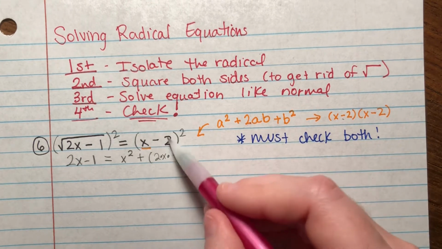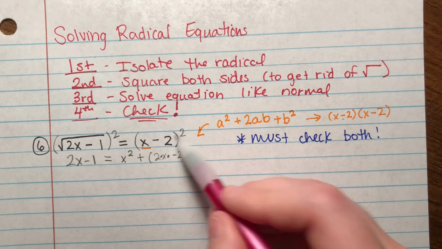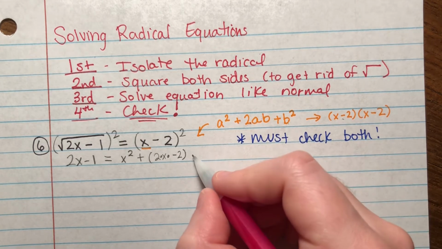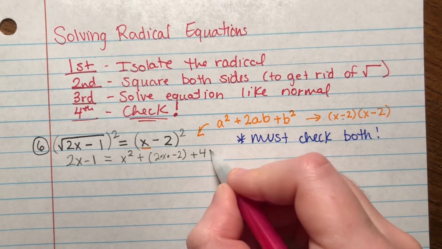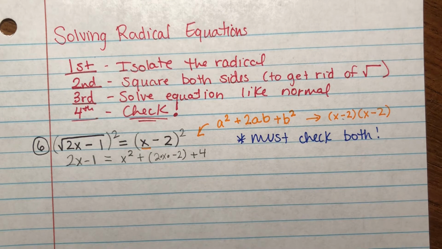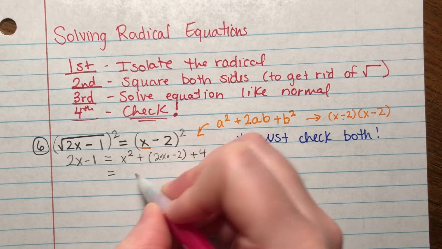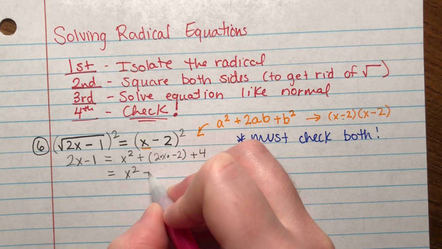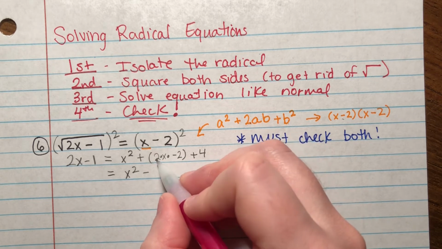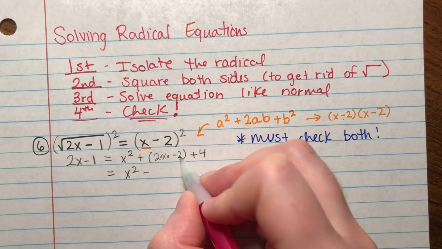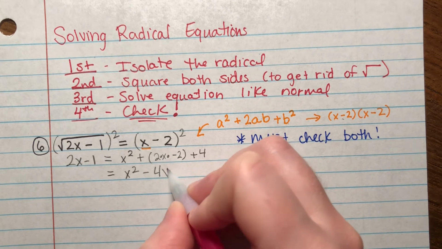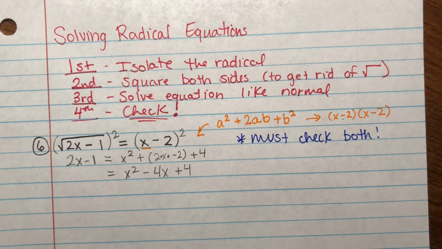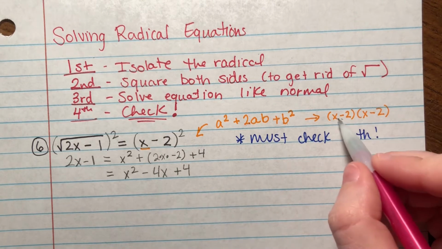So b is -2, so -2 squared. -2 times -2 is +4. All right, so that's going to actually give me x squared minus, because 2 times -2 is -4, times x is -4x plus 4.